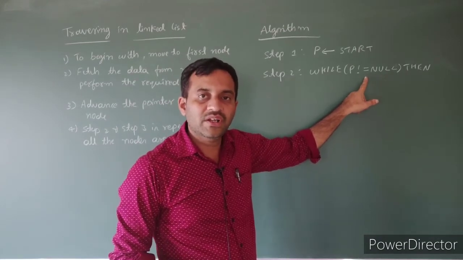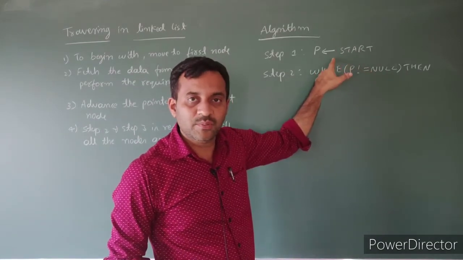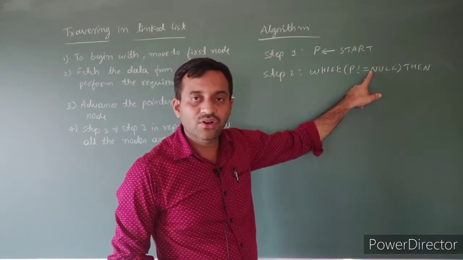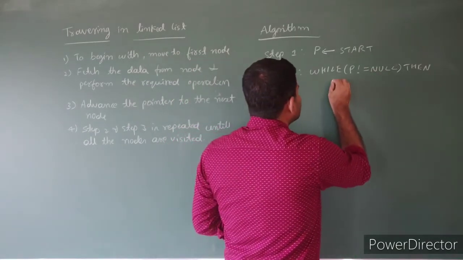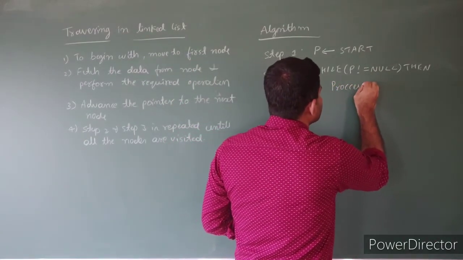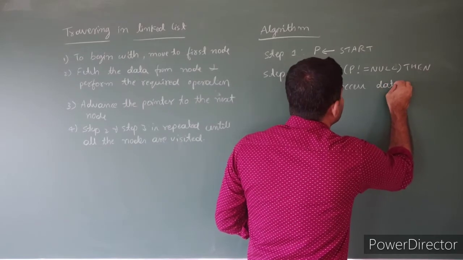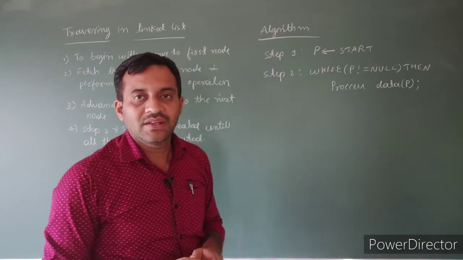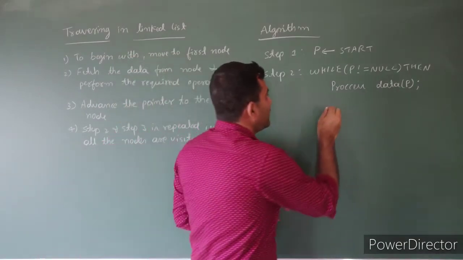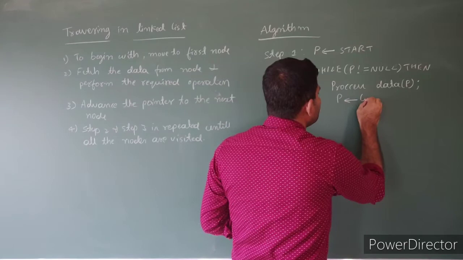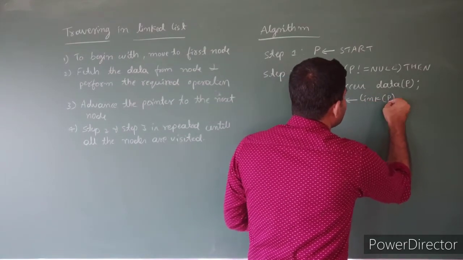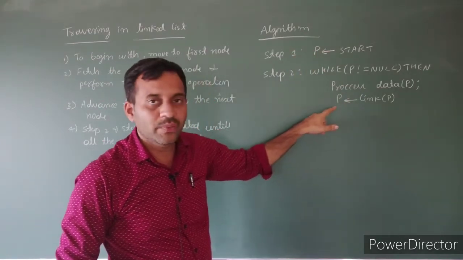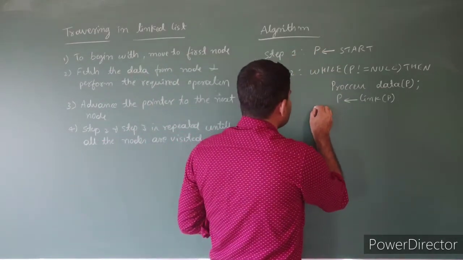P is a temporary pointer to which we assign the address of the first node. While P is not equal to null, process the data part of P. At the same time, P is set to the link part of P, because the link part of P holds the address of the next node. Repeat the iteration.